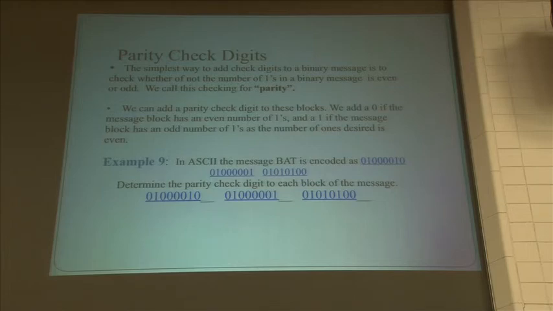You can add a parity check digit to your blocks of code according to how many 1s there are. If you have an even number of 1s, add a 0.